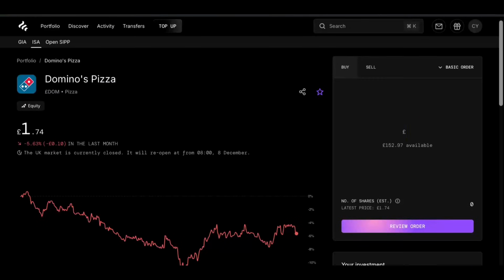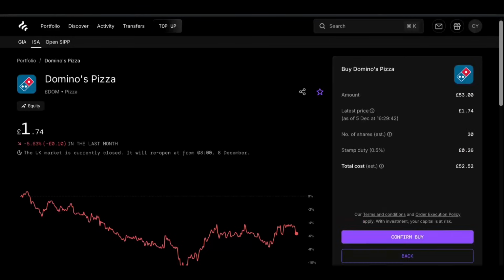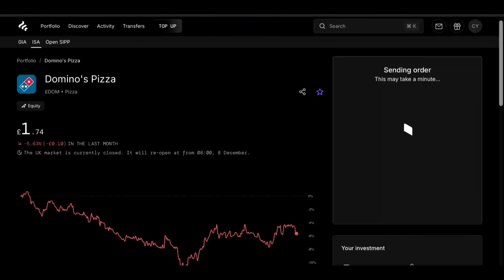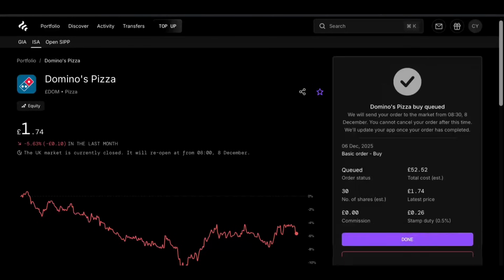I currently own 70 shares of Domino's, and what I want to do is top this up to 100 shares, so that's going to cost me £52.52, so my new position size will be exactly 100 shares of the company.